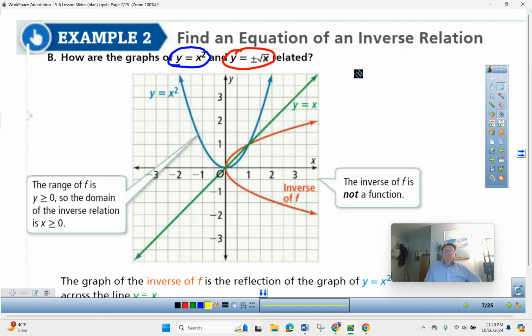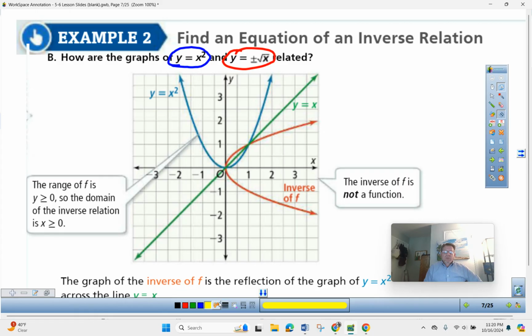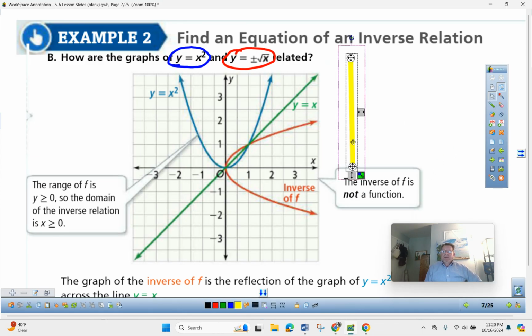So what we do with the vertical line test is we pass it along. I say, if this vertical line touches the graph in more than one place, so we're talking about the blue one. No, as I go along, it only touches in one place.